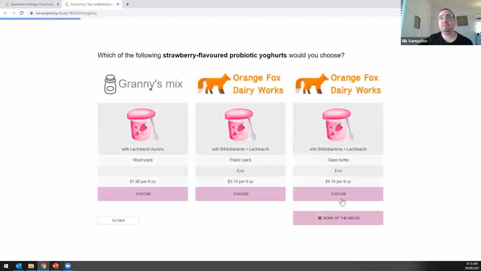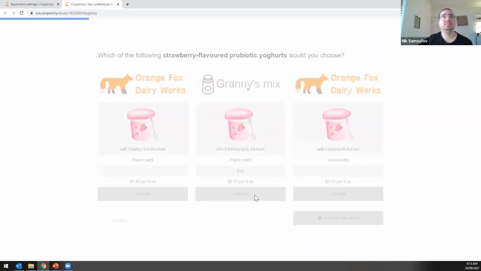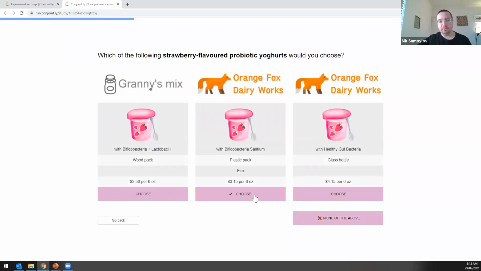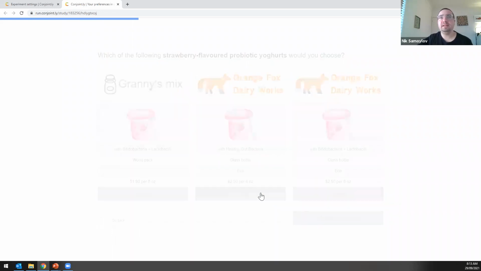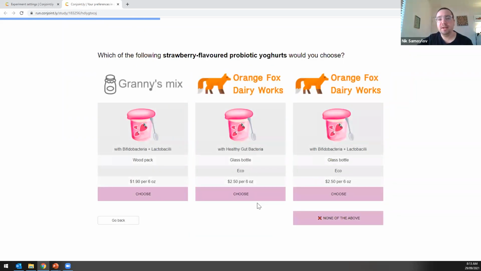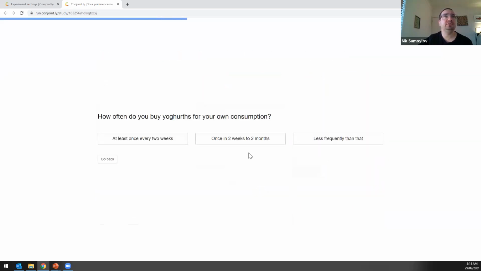And this task repeats several times. Typically, it's a dozen times that we want to show it to respondents. If we don't show it enough, we might not collect enough information about each respondent. If we show too many of them, then we might fatigue the respondent and they will be less likely to respond truthfully.